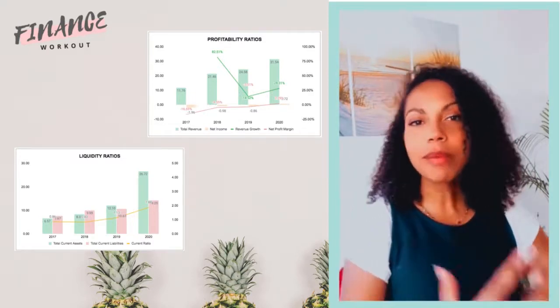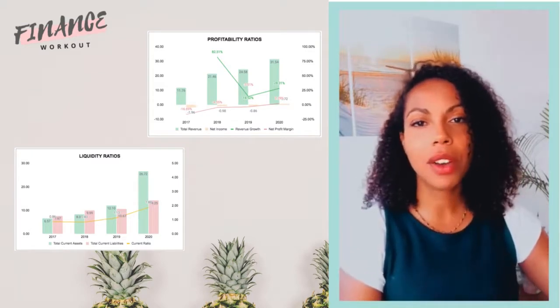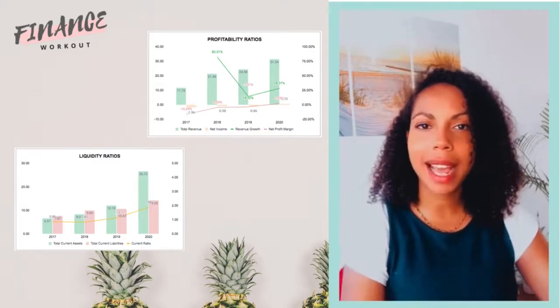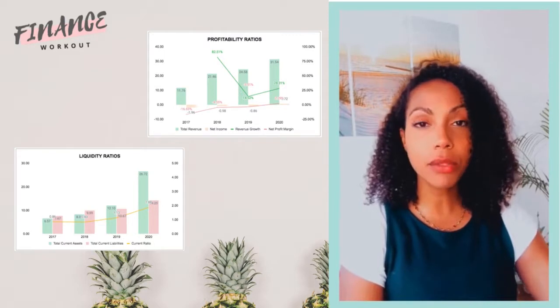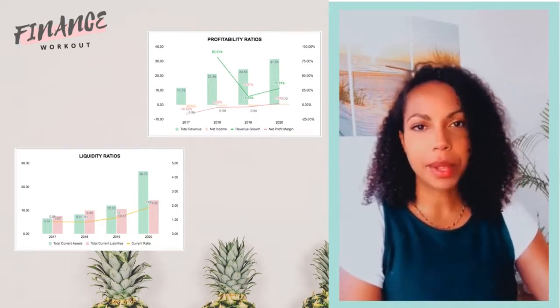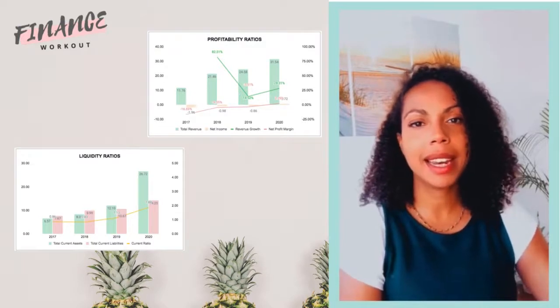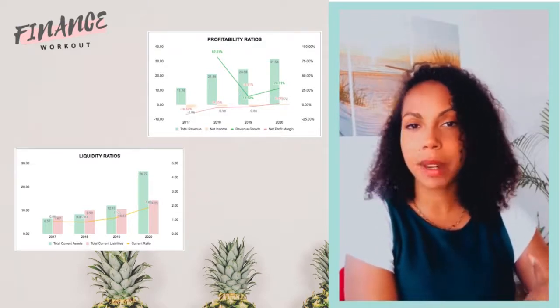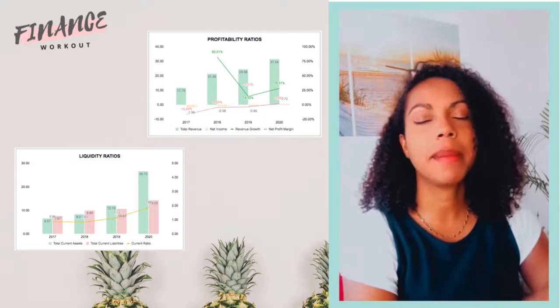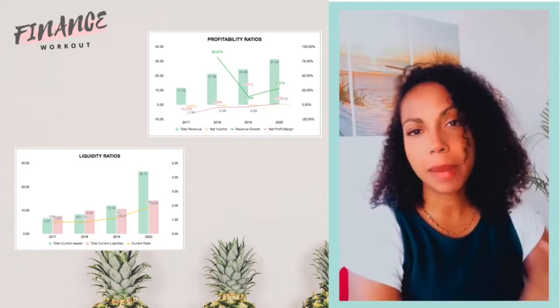An interesting way of doing that is by looking at ratios. The main ratio you might want to look at for the income statement, your profit and loss statement, is the profitability ratio.